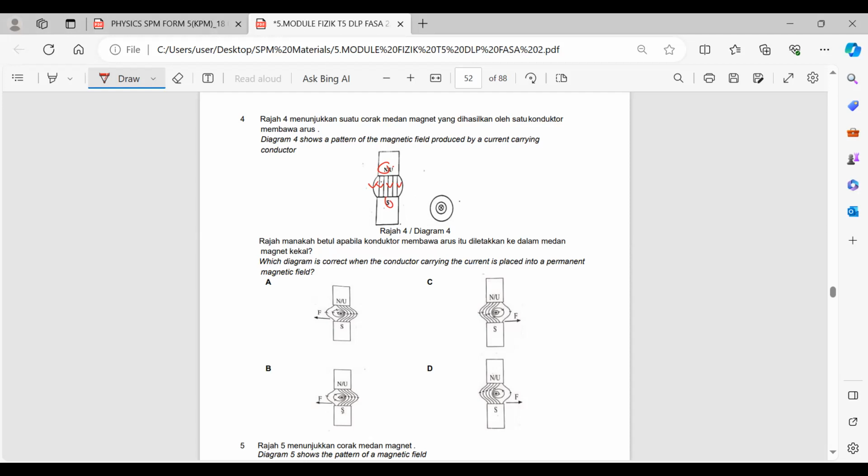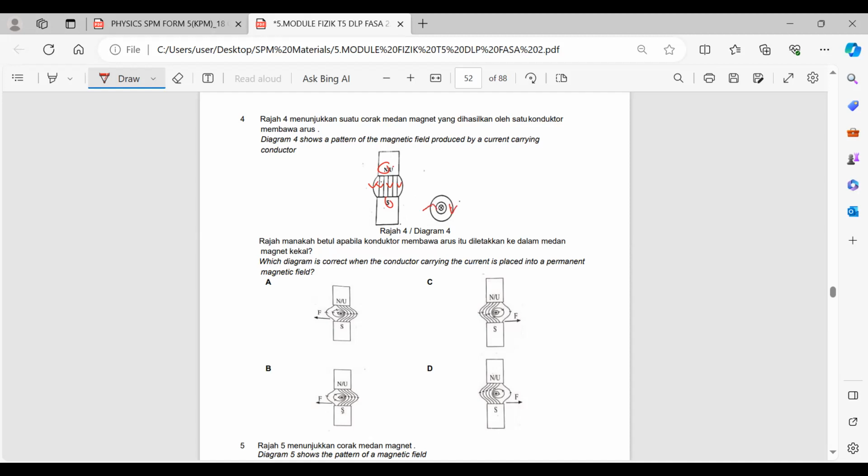So by using your right hand grip rule, current is flowing in, pointing in. The other four fingers are in the direction of clockwise. So right hand grip rule, meaning your magnetic field is going this way.